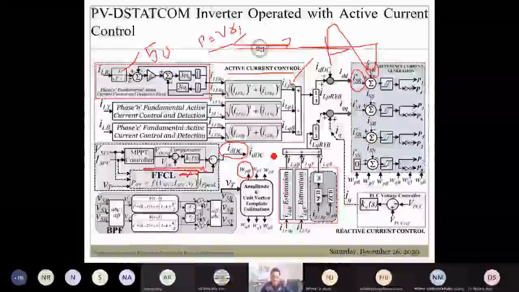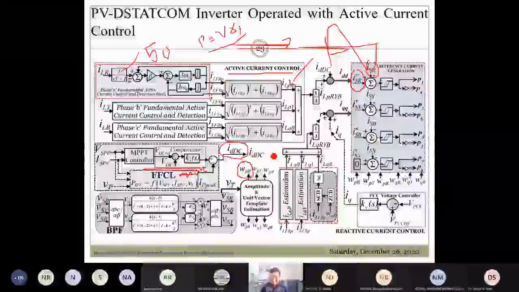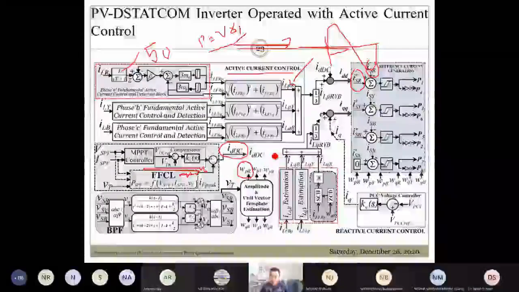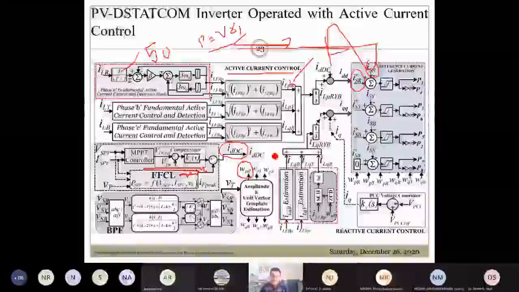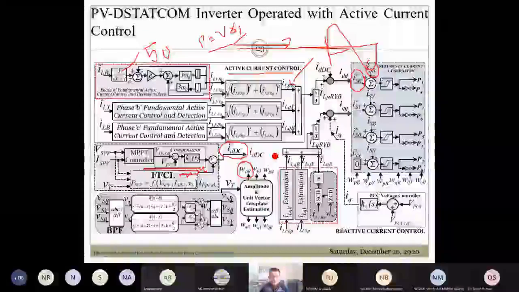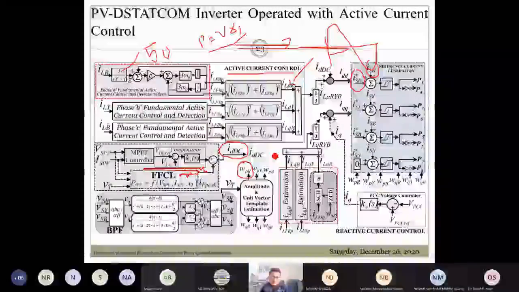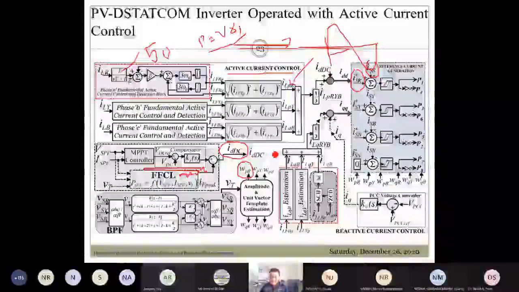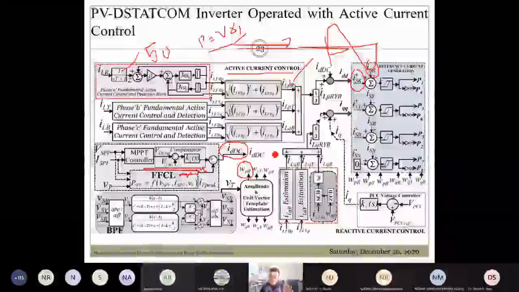See why the inertia is required. Let me give you an example. In a classical synchronous generator system, if there is a power imbalance between generation and load, what will happen if the load is suddenly increased? The frequency drops, because the speed of the generator drops.